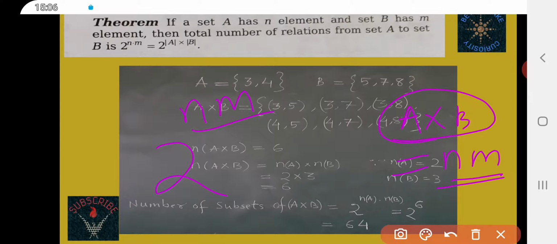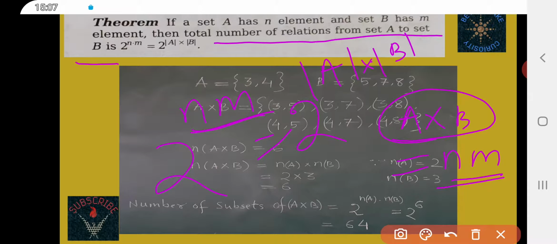So the total number of relations from set A to set B is 2 to the power nm. Or you can write it like this: 2 to the power the cardinality of set A times the cardinality of set B. Like this also you can write.